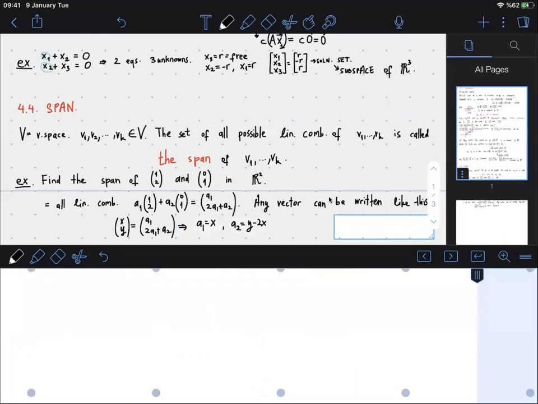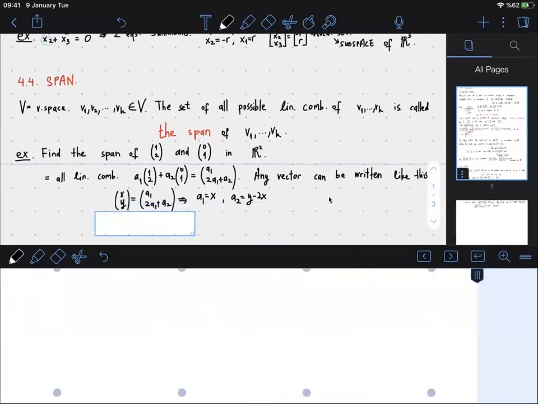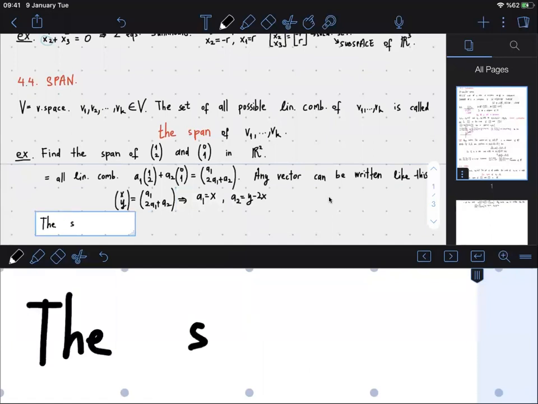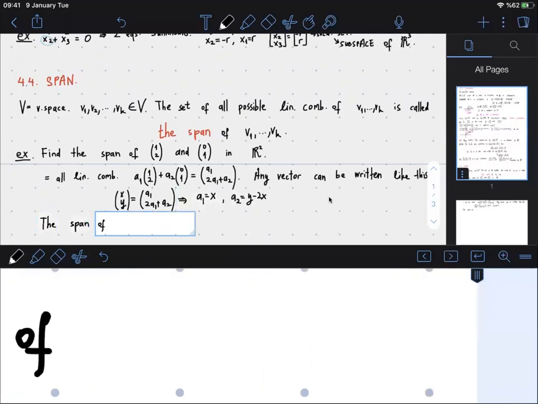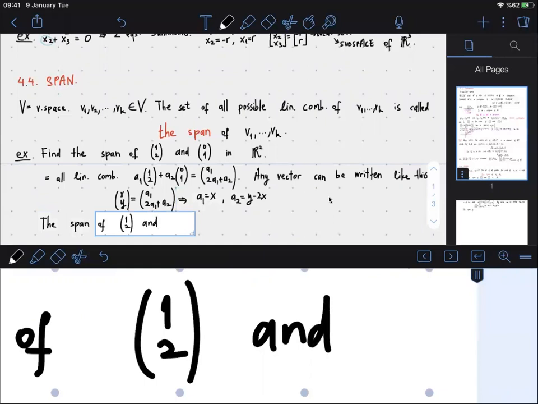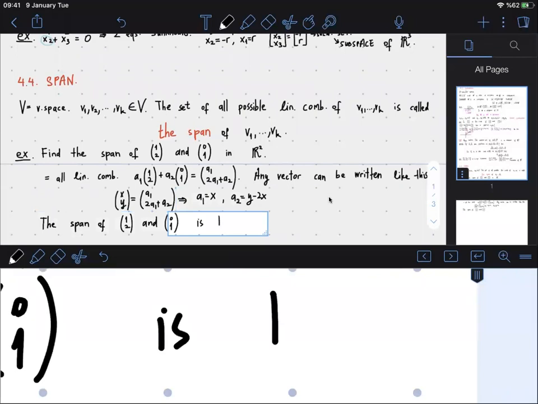Okay, so the span of (1, 2) and (0, 1) is R2.